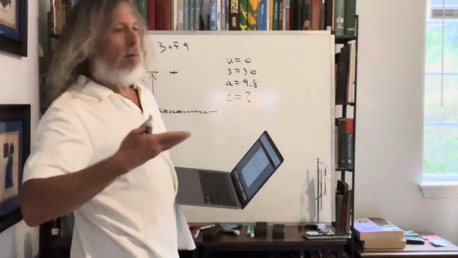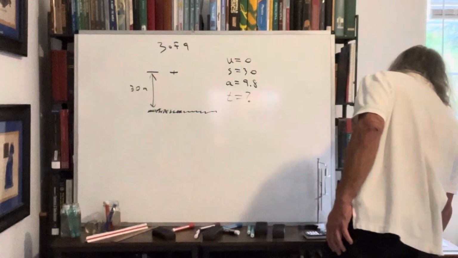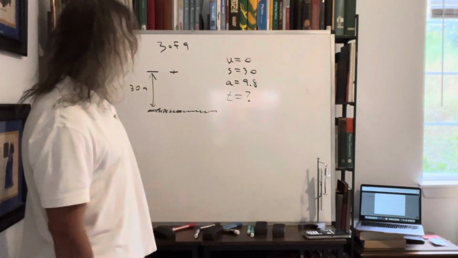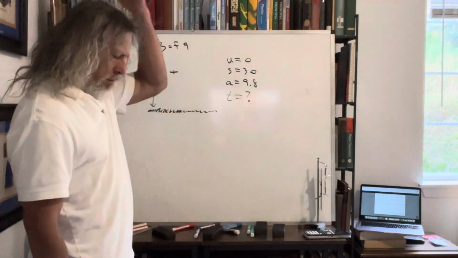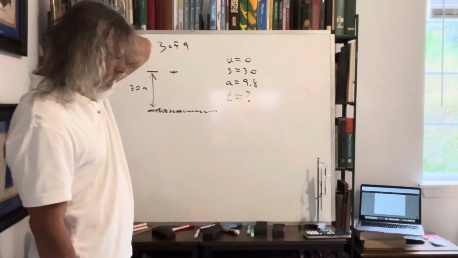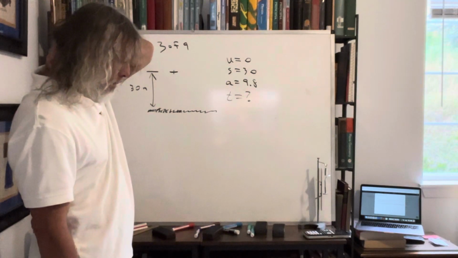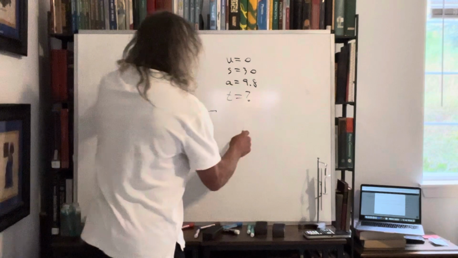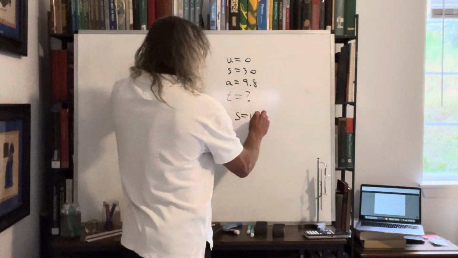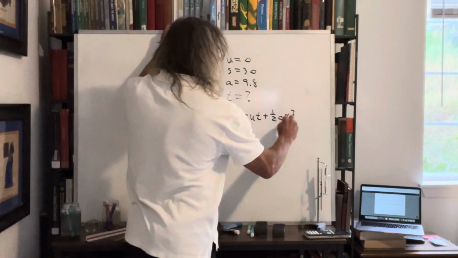Then we look at our equations and see which one could be used. The one we could use is S equals UT plus 1/2 AT squared.